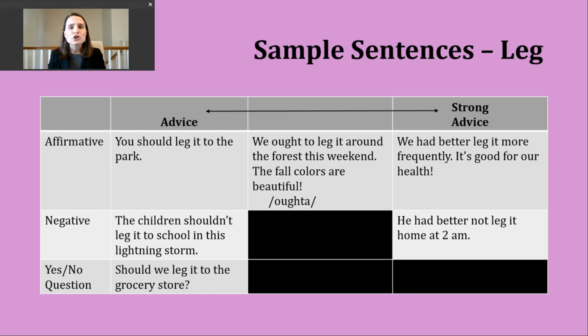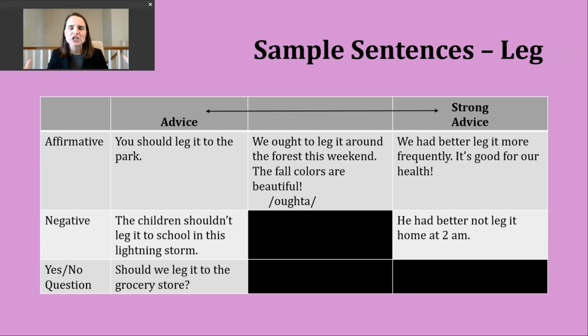Okay, so should is really common when we're giving advice, but we can strengthen that advice, really stress maybe the importance of it, by using the phrase ought to and then our base verb. But what you're going to notice in the affirmative example I have here: we ought to leg it around the forest this weekend. The fall colors are beautiful, right?